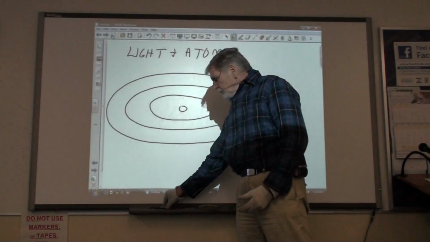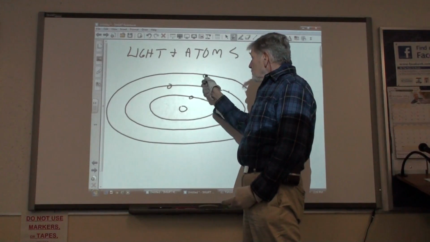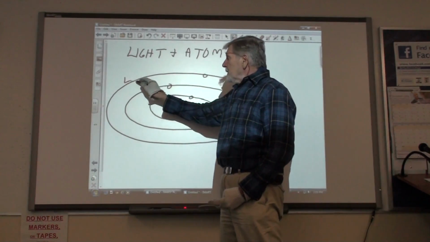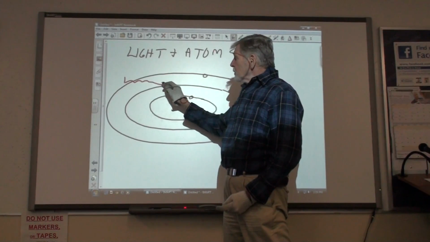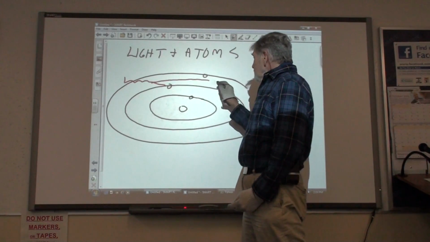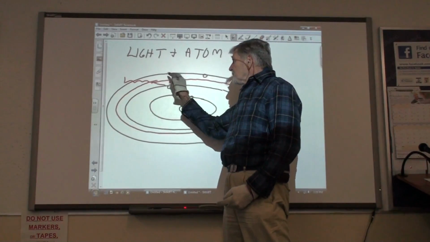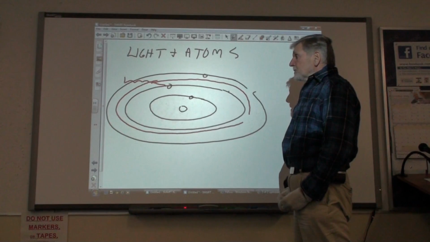However, these electrons, which travel around in these orbits, interact with light. If we have light coming in, then this electron can absorb the light, and it can move out to a higher orbit because it now has more energy, the energy that it absorbed from the light. So it goes out to a high orbit, and it has now become excited.